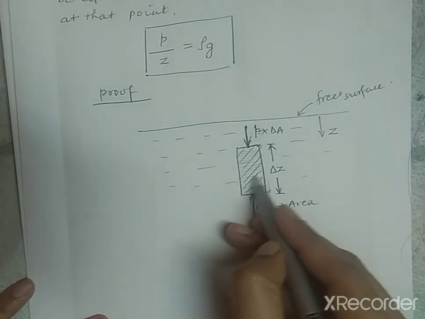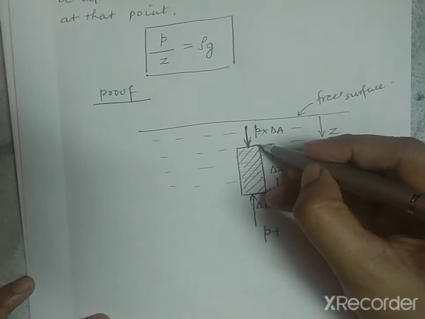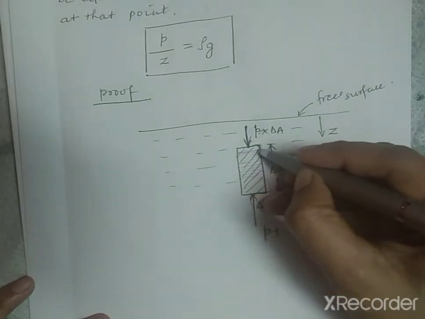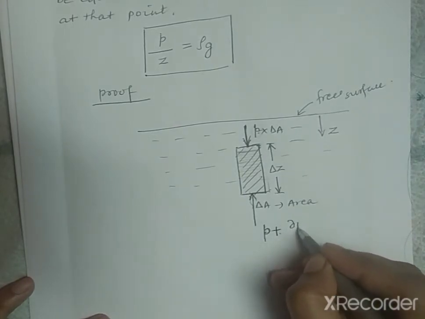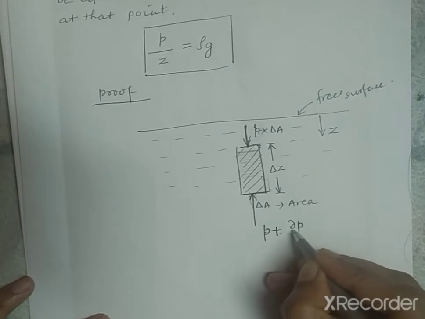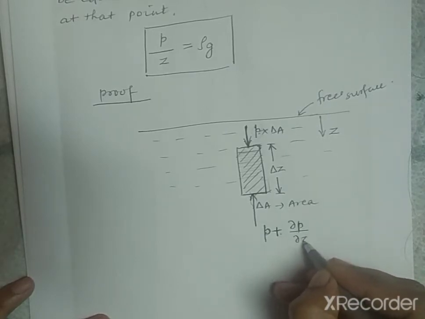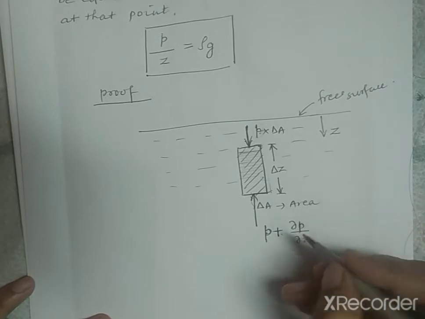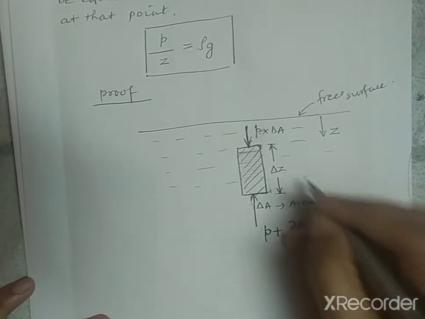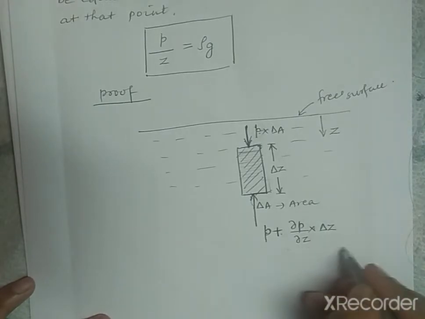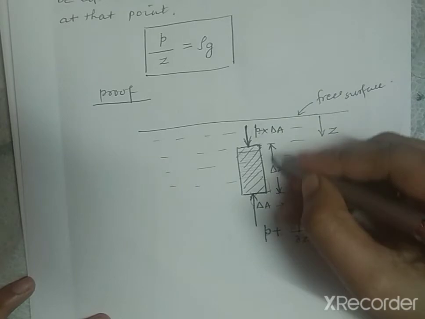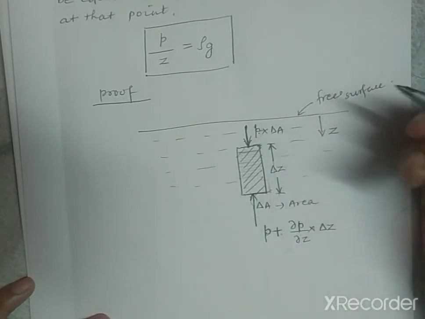The small pressure rate in these very small elements I will take as dou P by dou Z, which is the rate of increase, into the total length, that is delta Z. So I get the increase of pressure over the elemental depth.